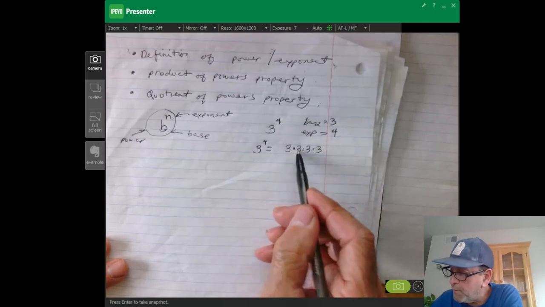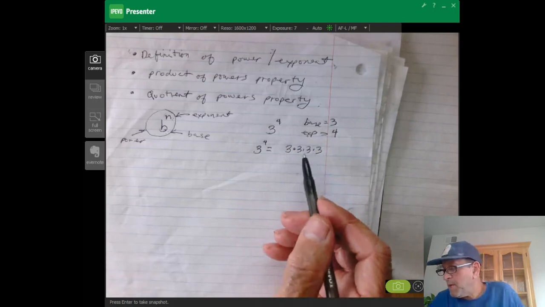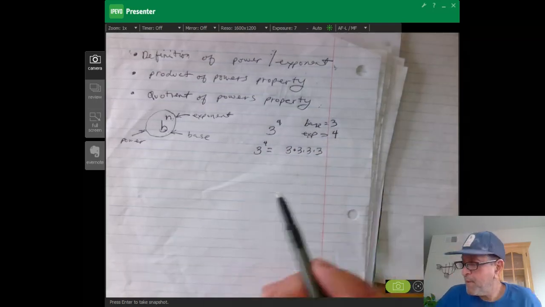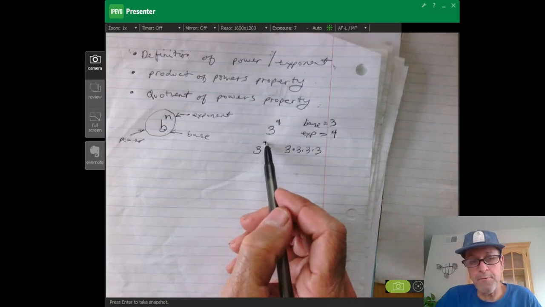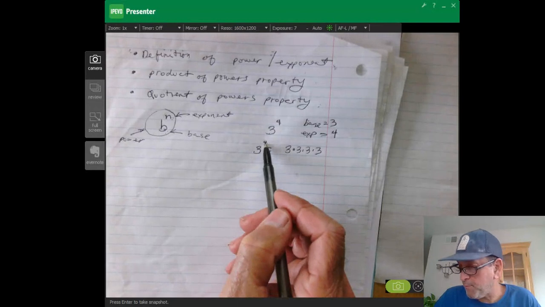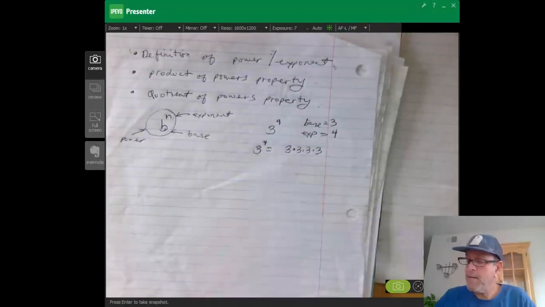So we use 3 in a multiplication 4 different times. That's what a power is. Again, the small number up to the right, the superscript, is the exponent, and the larger number is the base.